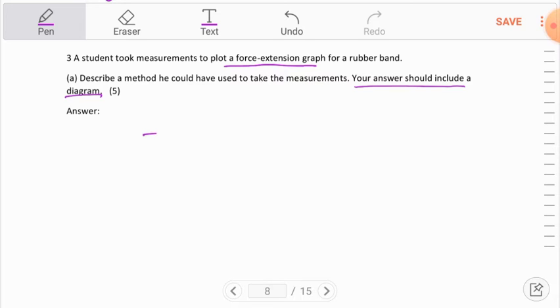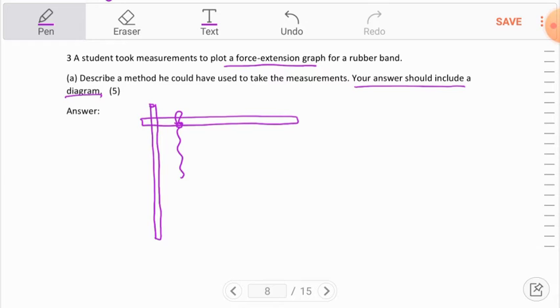So here there will be first a stand, and it has a clamp with which the rubber band is attached using a clip, and the other free end of the rubber band is connected with a slotted mass hanger.